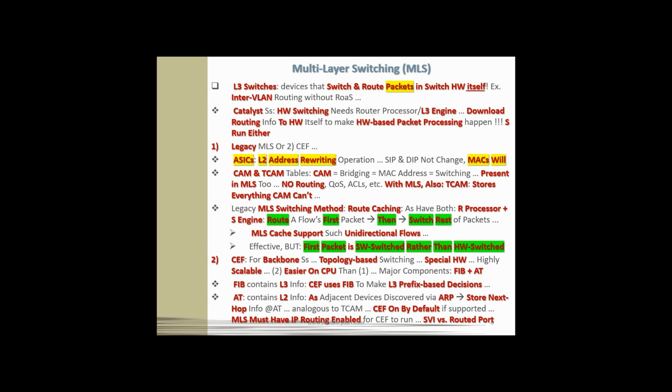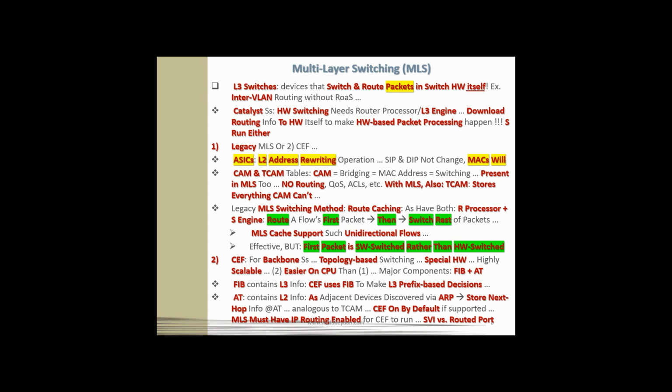Even though all other packets in that flow will be hardware switched, thanks to the switching engine that took over after the very first packet was routed. It is more effective to have all of the packets, including the very first packet of a flow, switched by hardware rather than software.